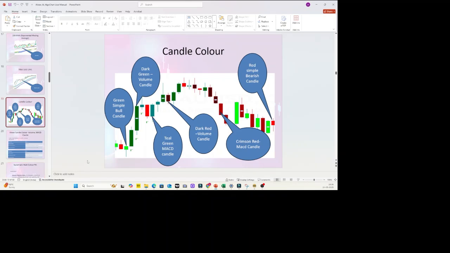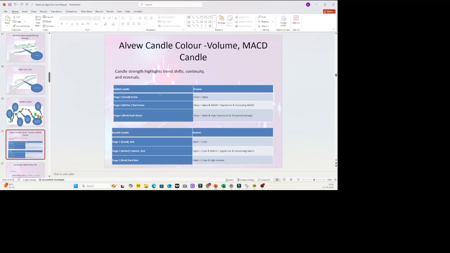One is a simple green bull color, then dark green is the volume color, and teal green is for MACD. Again, the opposite of this: dark red is the volume candle, crimson red is the MACD candle, and simple red is for the bearish candle.